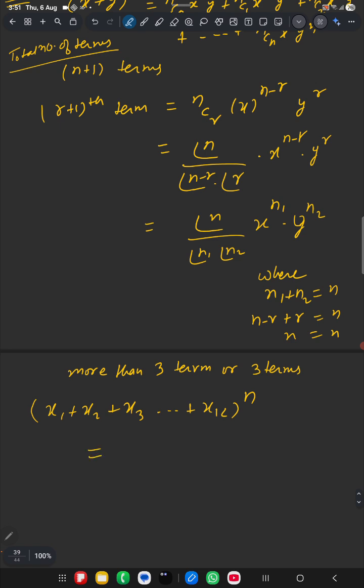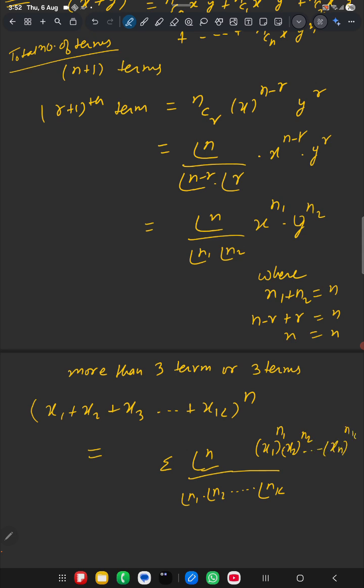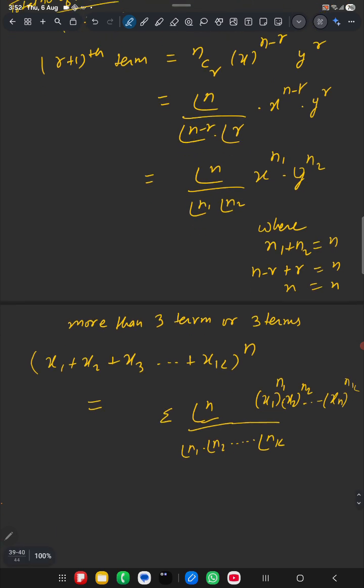With extension to the above theorem, I can write this as the summation of factorial n upon factorial n1 into factorial n2 into ... into factorial nk, because we have k terms, and x1 will be raised to the power n1, x2 to the power n2, ..., xk to the power nk, where n1 + n2 + ... + nk is equal to n.